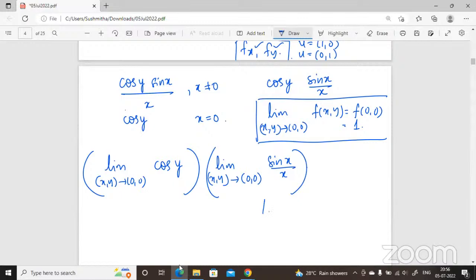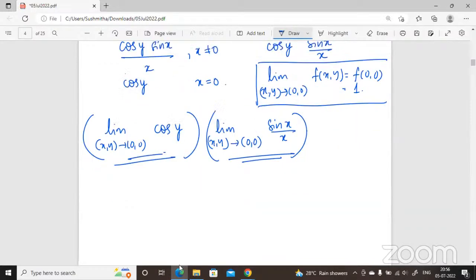This limit is 1 and this limit is 1, so the product is 1. I can use this only because both limits exist. Otherwise, I wouldn't have been able to do it. If one of them tends to 0, that is fine; 1 by 0 is not fine.